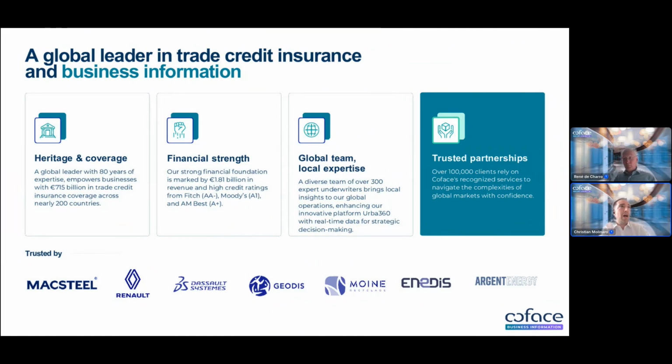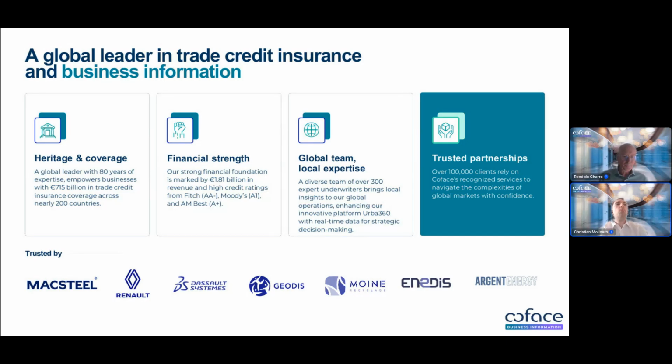And one of our peculiarities is the fact that as business information provider, we need to deal with the fact that we manage exposure all around the world. So as you can see, we deal with 700 billion in trade credit insurance of exposure. So this is a fact that forces us to have the best information model to provide assessment.